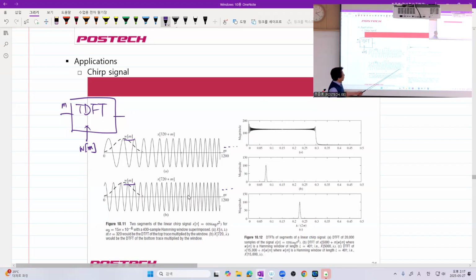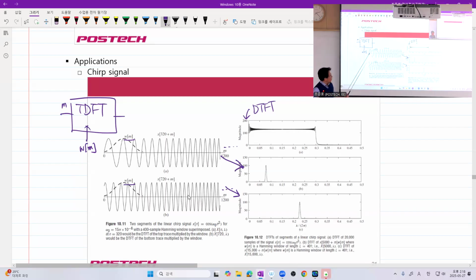This is what we have: we Fourier transformed the product of these two signals. Then what is this one? This is the DTFT of the original chirp signal. And as you will see, this signal has some frequency range that ranges from 0 to, for example, up to 0.3 here.